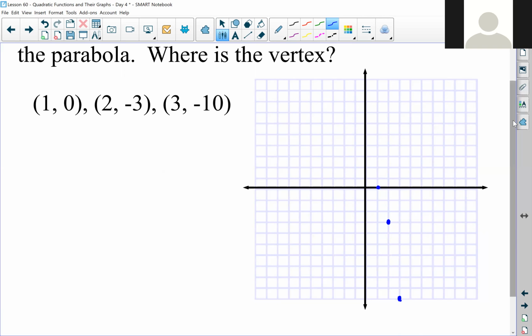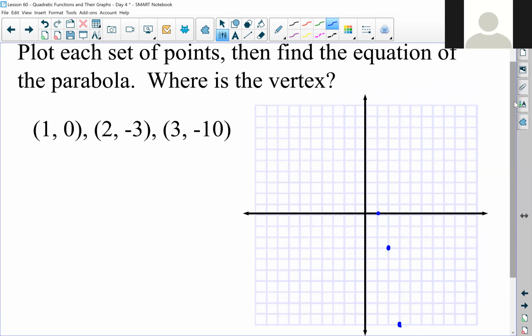In order to find the equation, we're going to use the fact that y equals ax squared plus bx plus c, and then we'll use our 3 points. We're going to end up writing 3 equations based on these points.